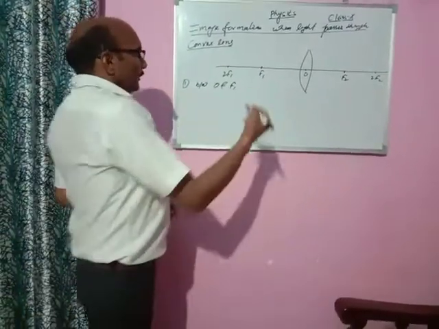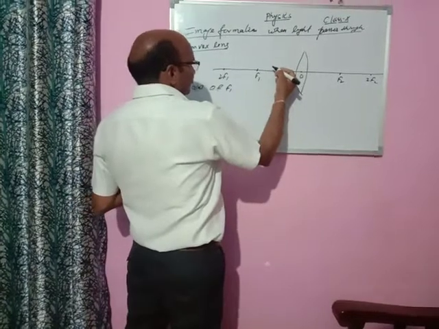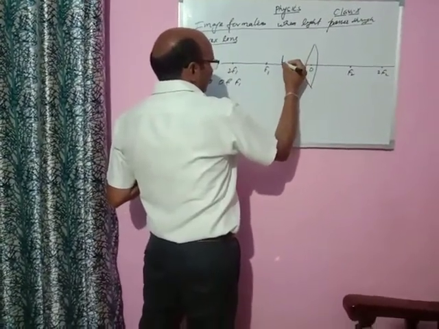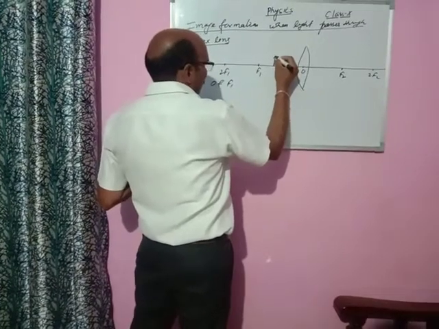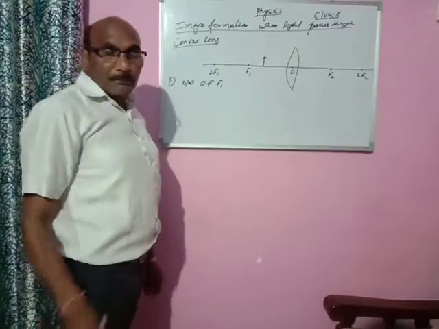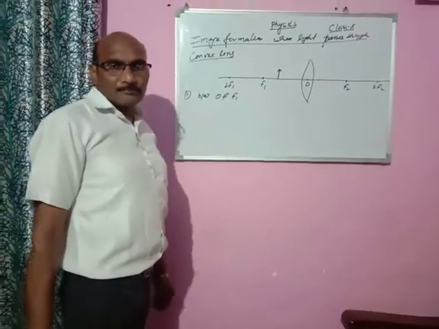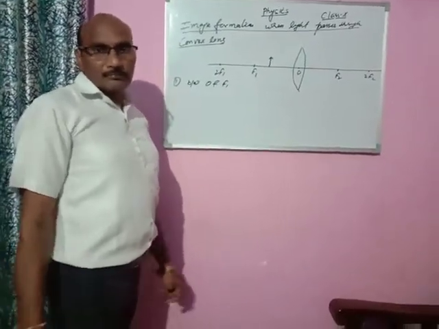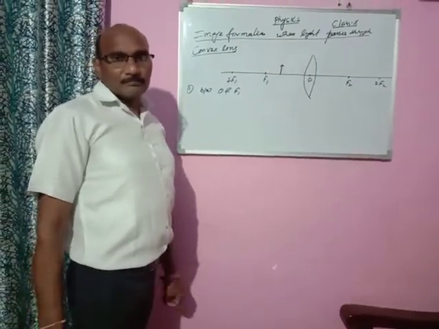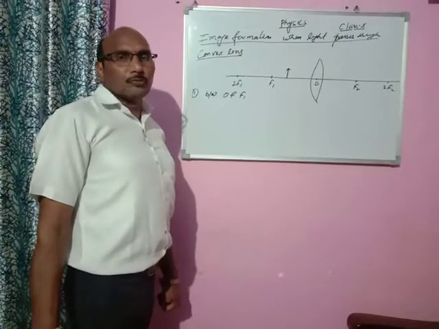Now, let the object be kept between O and F1. Before starting the ray diagrams, I would like to tell you some special tricks for how the ray diagram should be drawn.